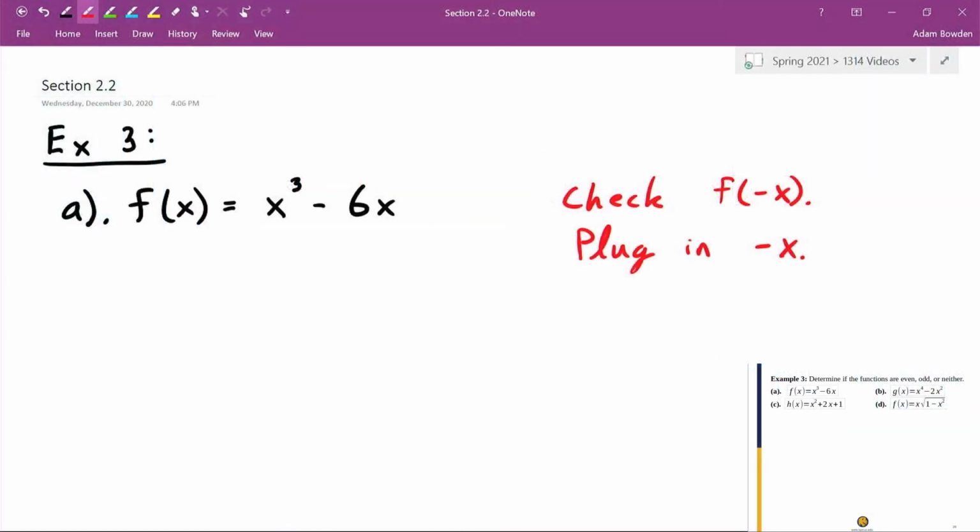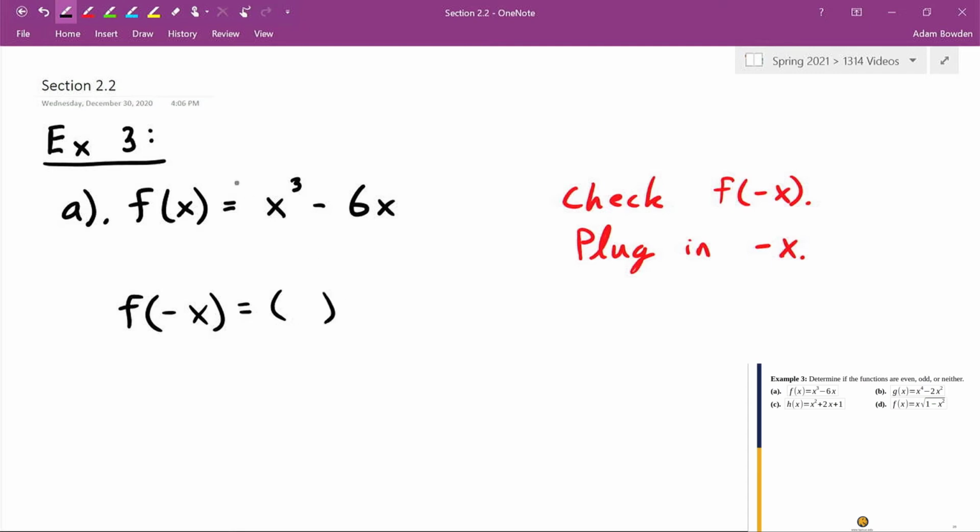To check whether a function is even, odd, or neither even nor odd, what we're going to do is check what happens with f of negative x, or in other words, we're going to plug negative x into the function. So for this first function, we're going to do f of negative x.